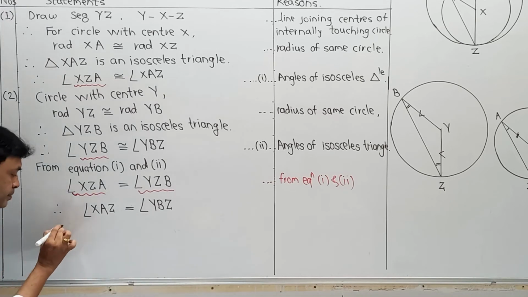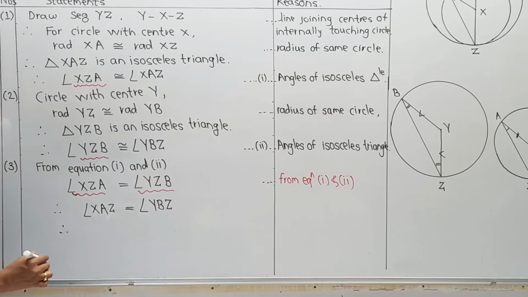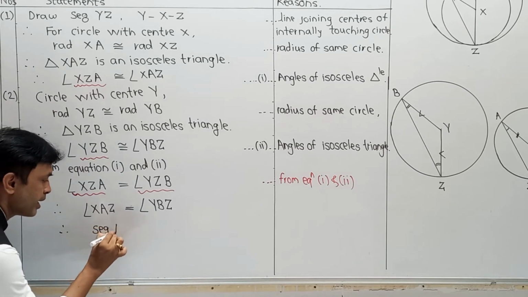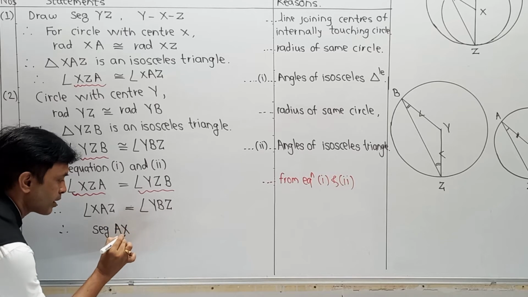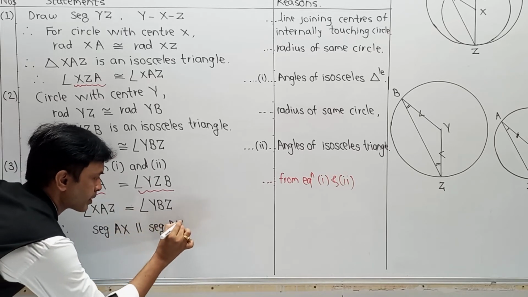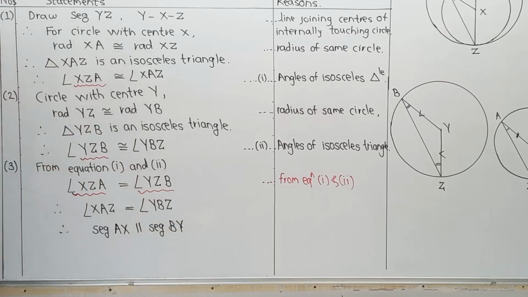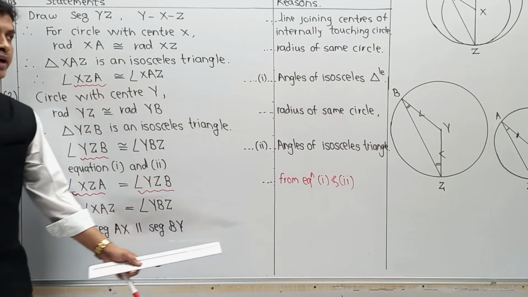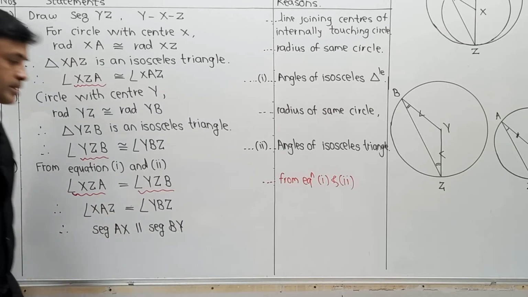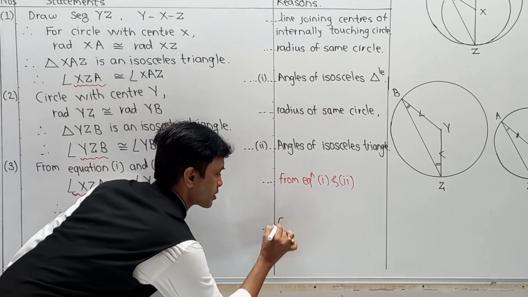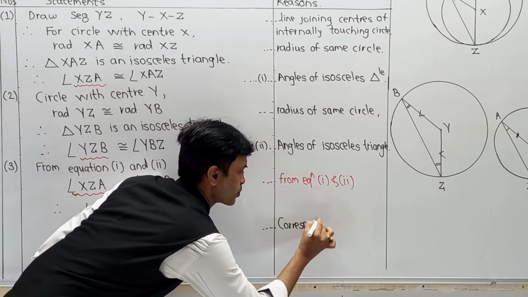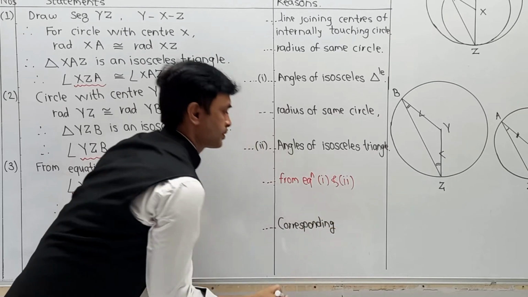Therefore we can have AX parallel to BY, or segment AX is parallel to segment BY, and we are going to give the reason: corresponding angle test.